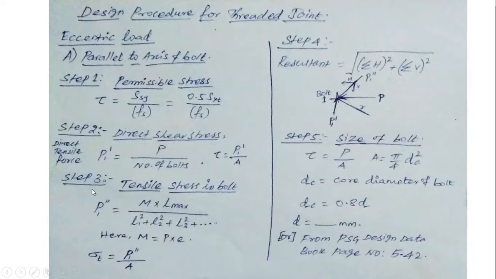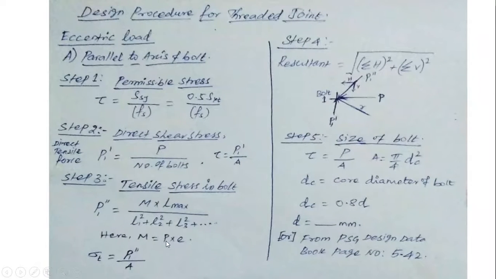Then step 3, tensile stress in the bolt. This is the secondary tensile stress. Here P1 double dash equal to M into L max divided by L1 square plus L2 square, L3 square and so on. Here M is the moment about the center of gravity.